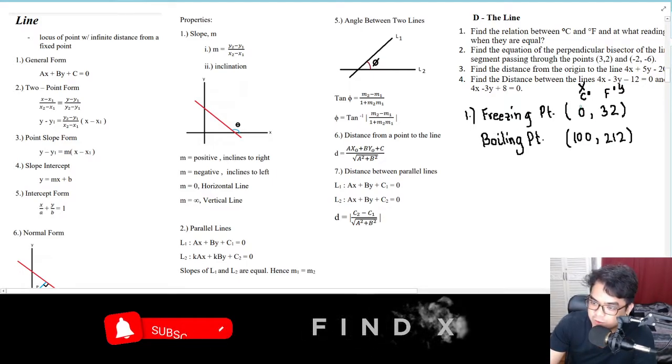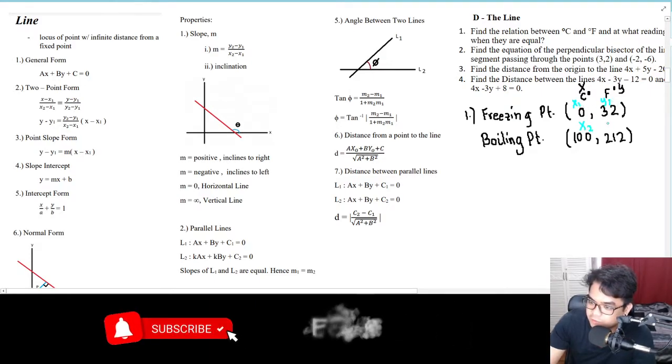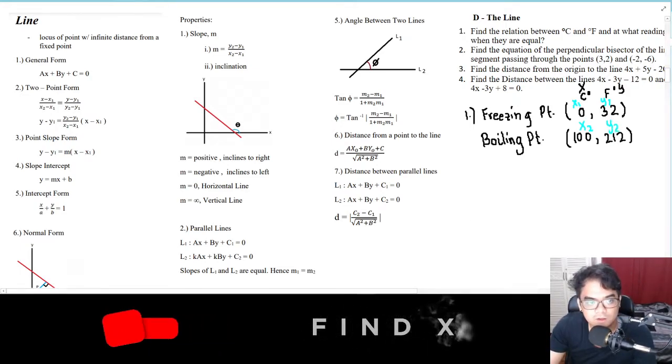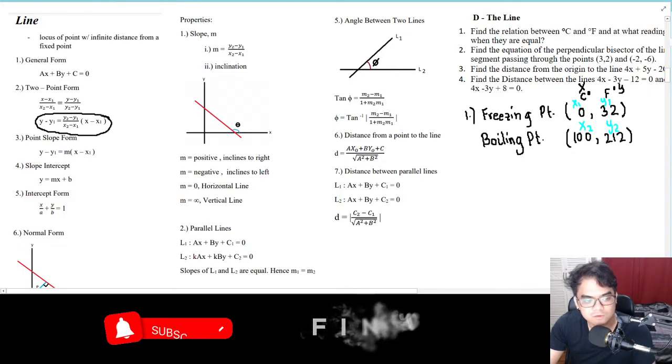Therefore, your 0 will be your x1 and this will be your y1, and then this will be your x2 and this will be your y2. As you can see, we have 2 points given, therefore we can use this one.